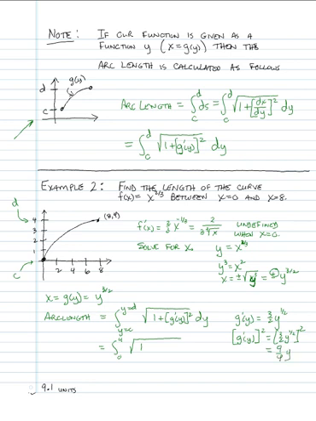So what we have in here is the square root of 1 plus g prime squared, which is 9/4 times y, and we're integrating that with respect to y.